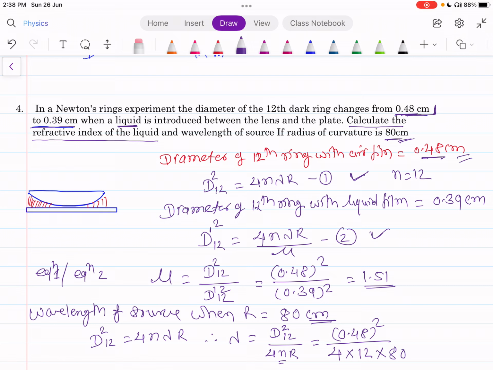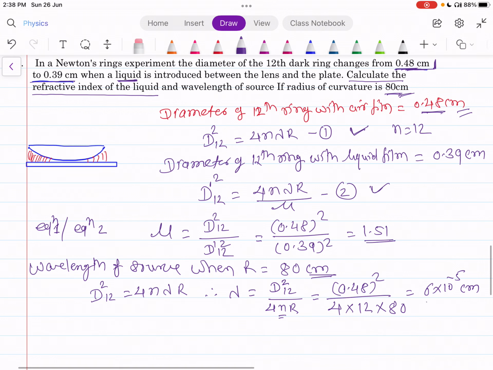All the units are in centimeter, that is, in the CGS system. And this comes to around 6 into 10 raised to minus 5 centimeter. So the wavelength of the source is 6 into 10 raised to minus 5 centimeter, which is equal to 600 nanometer.